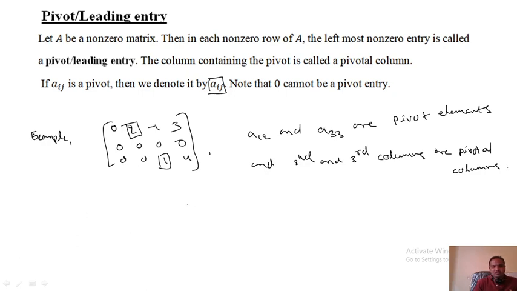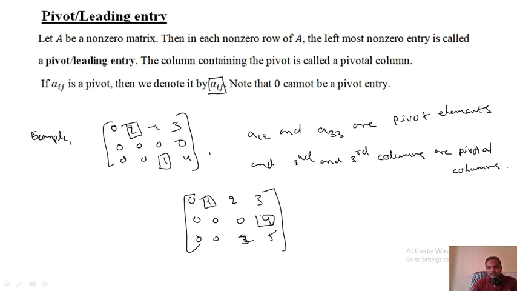If we write another one like this: 0, 1, 2, 3, 0, 0, 0, 4, 0, 0, 2, 3, 5. In this one, 1 is the pivot, the leftmost entry. These are the pivots. The second, third, fourth are pivotal columns. This is the example.